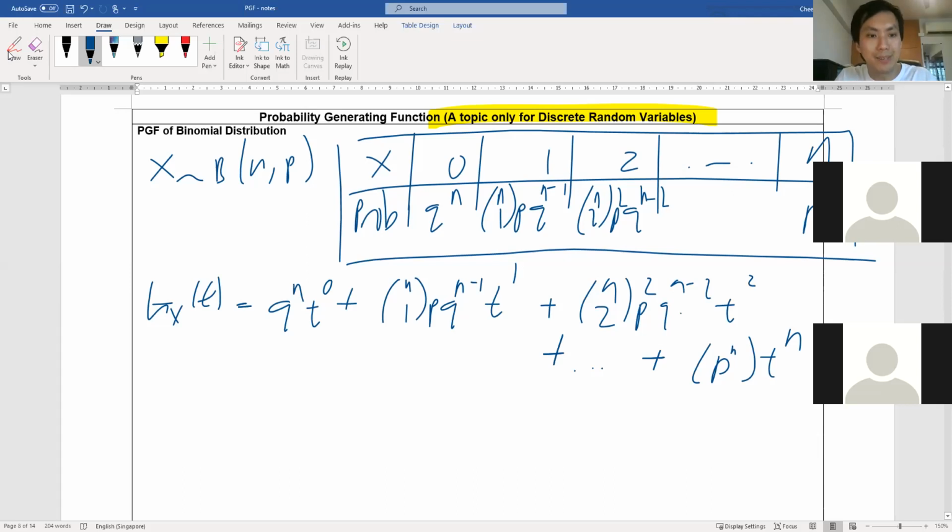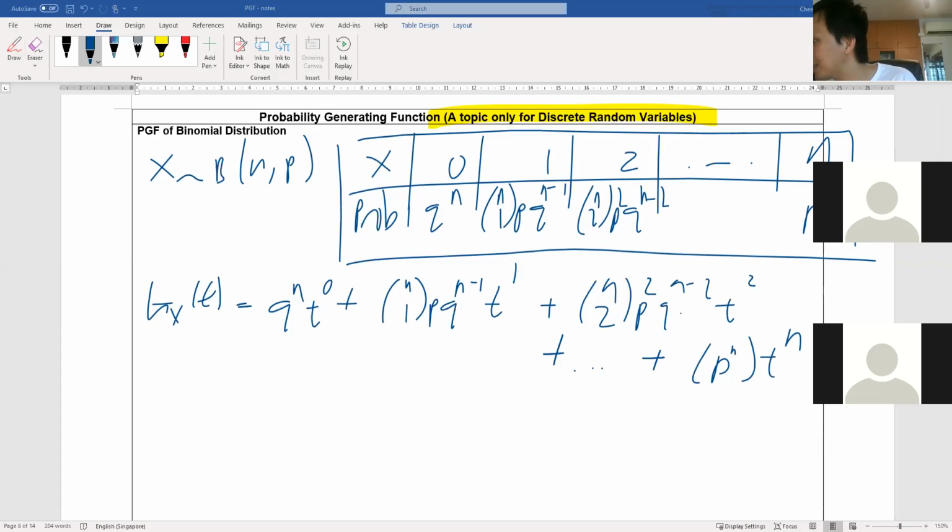Okay, just give me a minute to construct this. Okay, so the formula for this is pretty ridiculous.